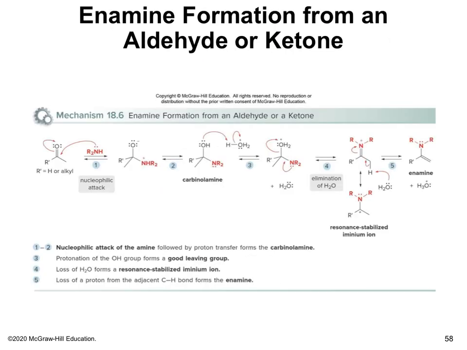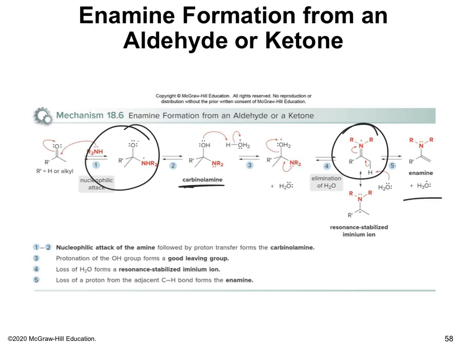Okay, so this is showing you that you get nucleophilic attack. Like I said, I like to protonate that and get to the carbinolamine. So you are getting the lone pair coming in and opening that, but then water off. So you are going to get reestablishment to be the enamine.